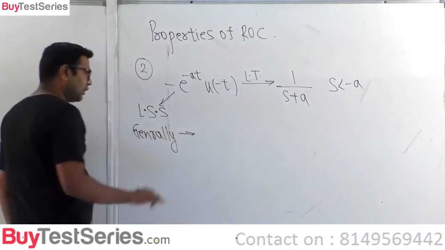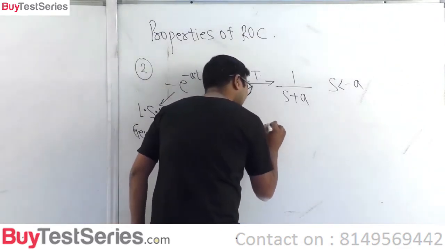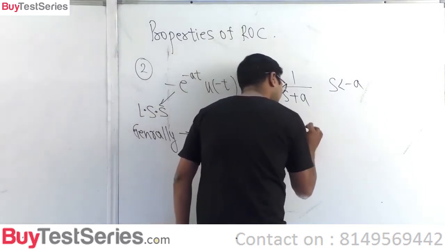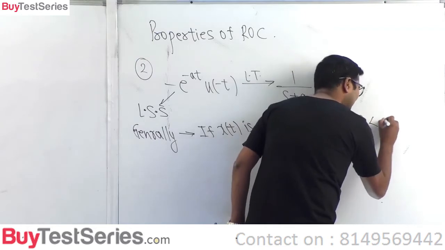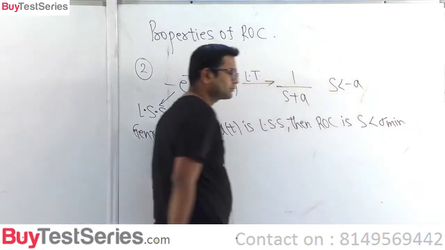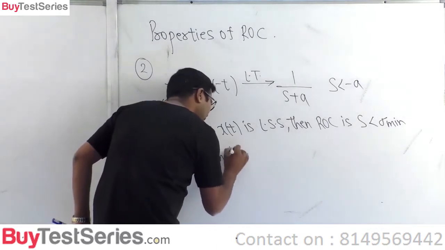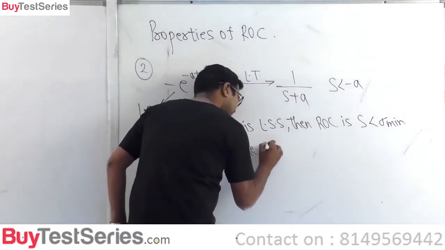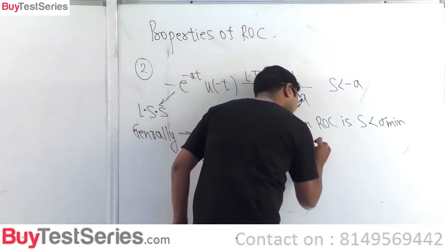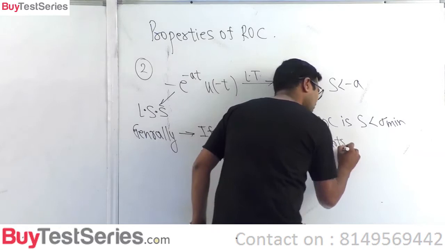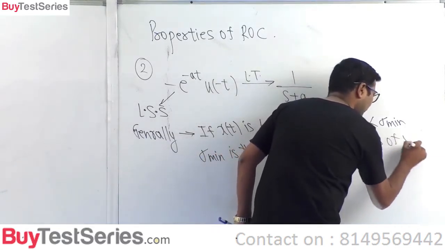If I have to generalize, I will say if x of t is a left-sided signal, then ROC is given by s less than sigma min, where sigma min is the minimum real part of poles of x of s.